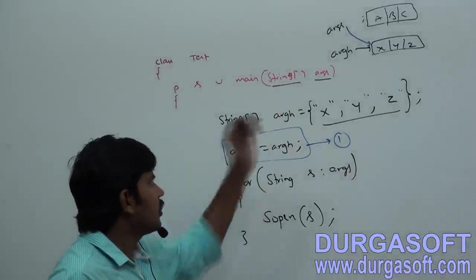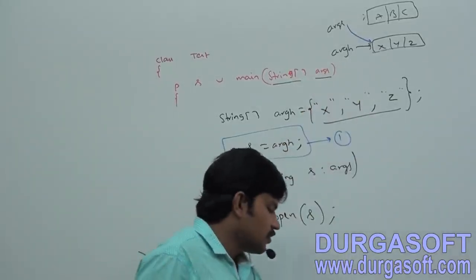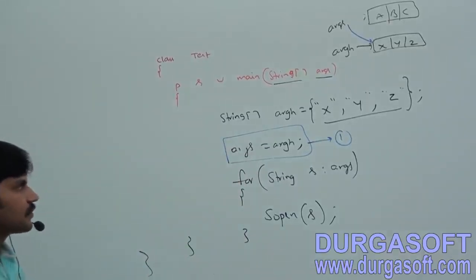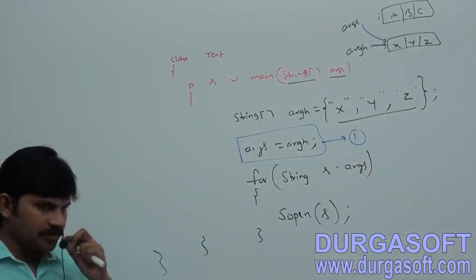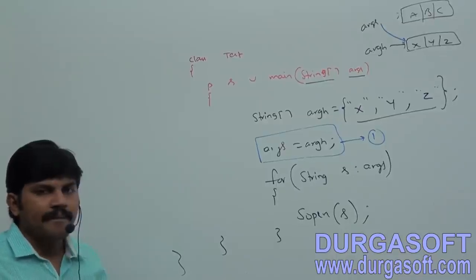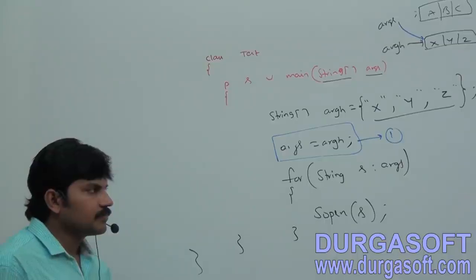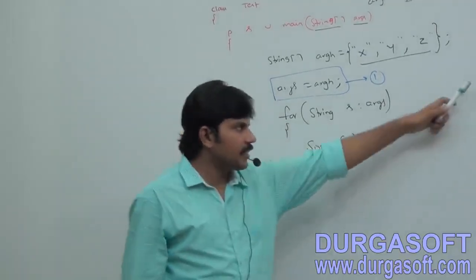If possible, you can take this diagram also. This is case 2 or example 2 from command line arguments. After taking, you can take this part also.